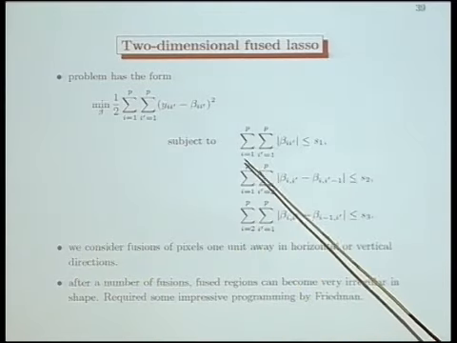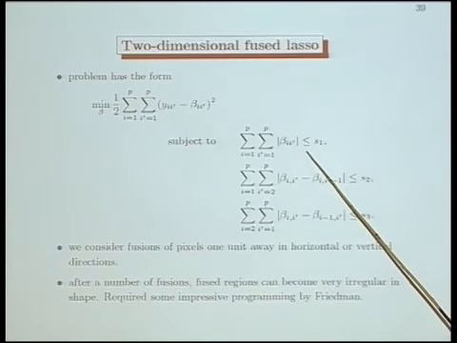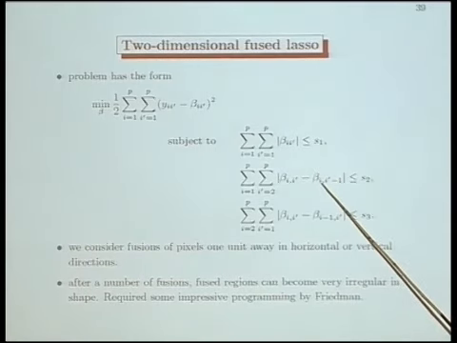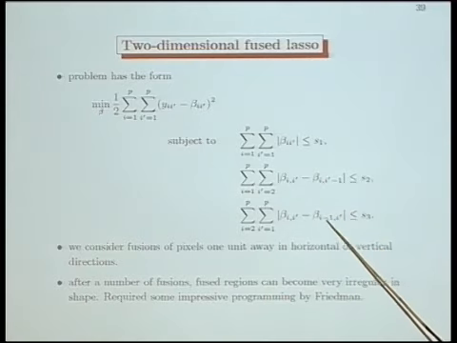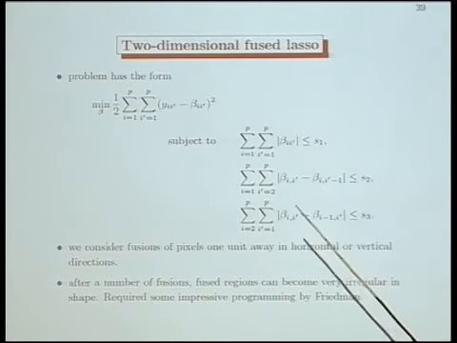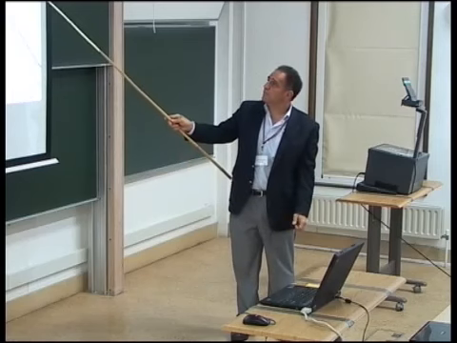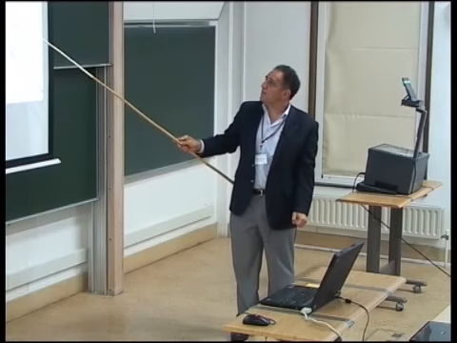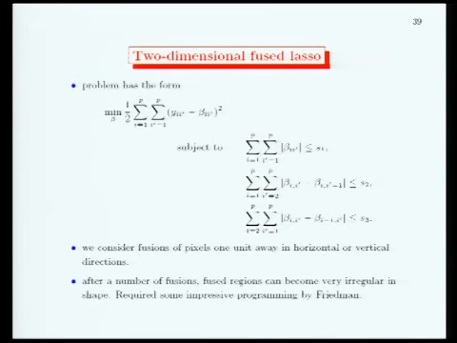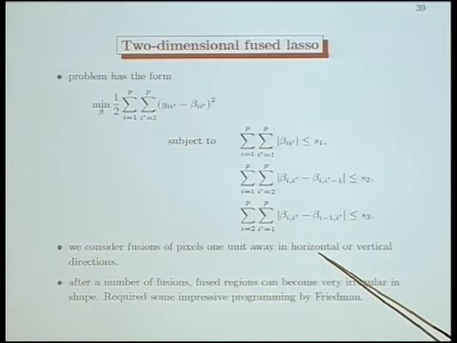We want sparsity on the betas, but also sparsity in the vertical direction and sparsity in the horizontal direction. So rather than a signal, we have a 2-dimensional surface we're approximating in this way. We're insisting on beta being sparse, smooth vertically, and smooth horizontally. It's a 2-dimensional fused lasso.